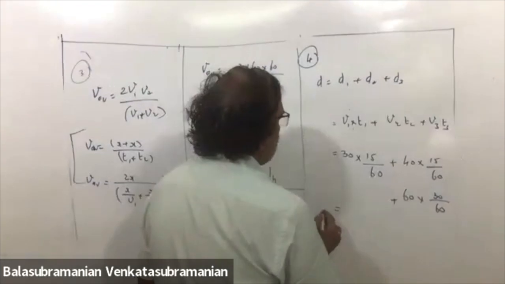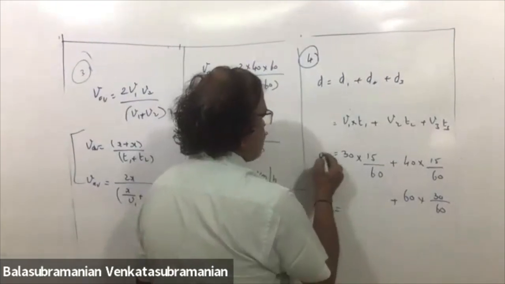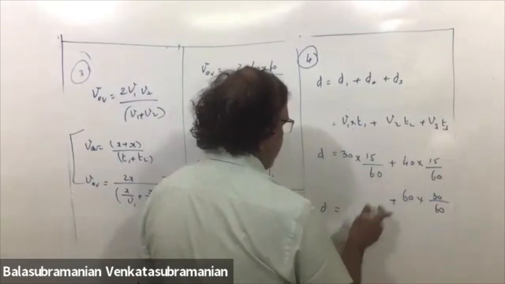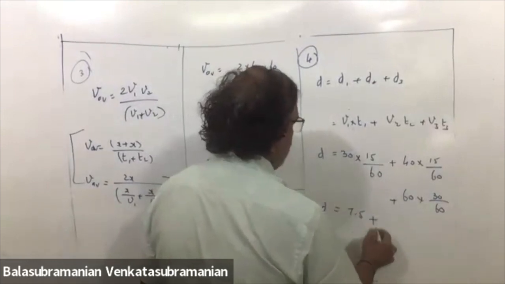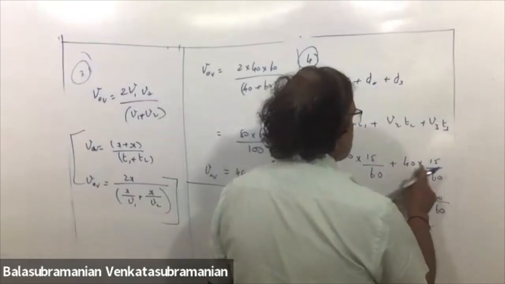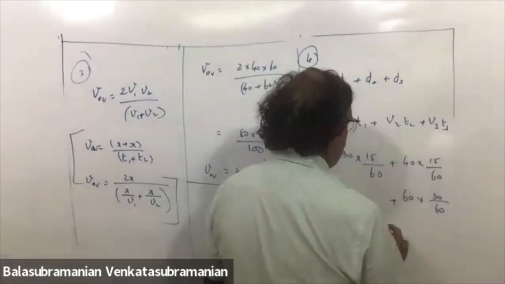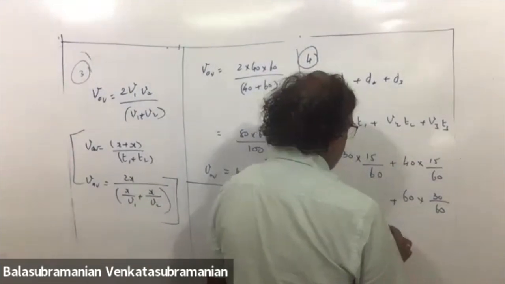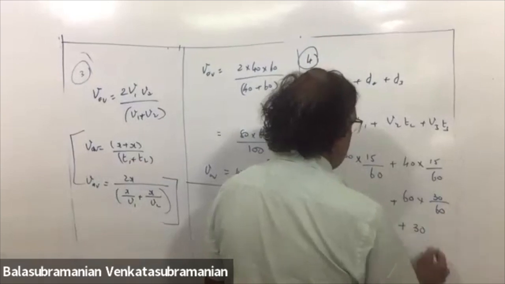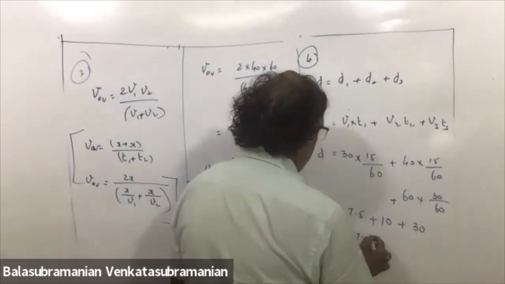So, total distance D is equal to 30 by 4, that is 7.5, plus 40 into 15 by 60, 60 cancels, so you will get 10, plus 30. So, 47.5 kilometers.